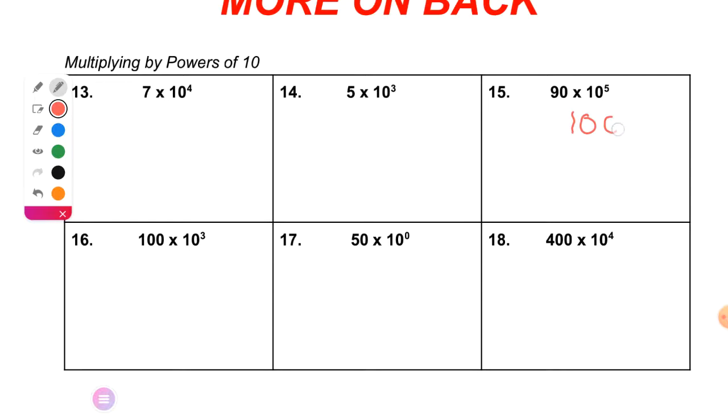Okay, first Parker's figuring out that 10 to the 5th is the same as, how many zeros you got there? 5? So 100,000. And he has to do 100,000 times 90.